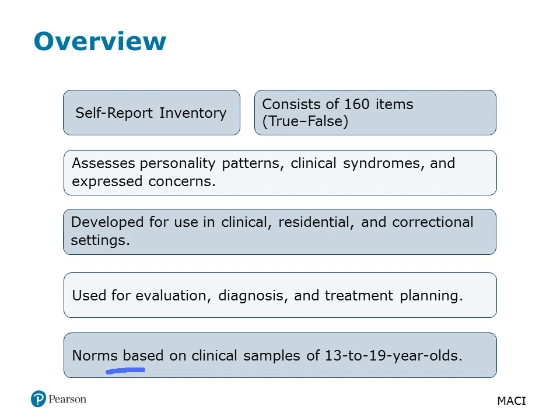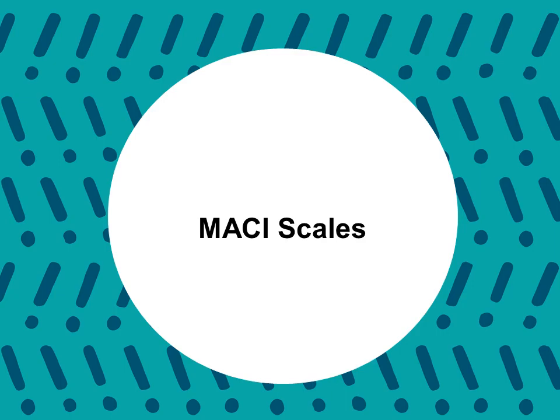So the norms were established on clinical samples of adolescents, teenagers, ages 13 to 19 years. So if you are working with an adolescent or teenager and you do not suspect psychopathology, you'll want to consider other instruments besides the MACI.